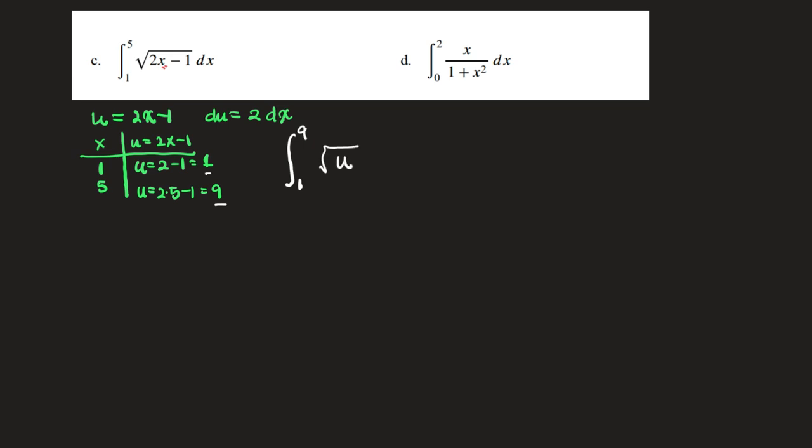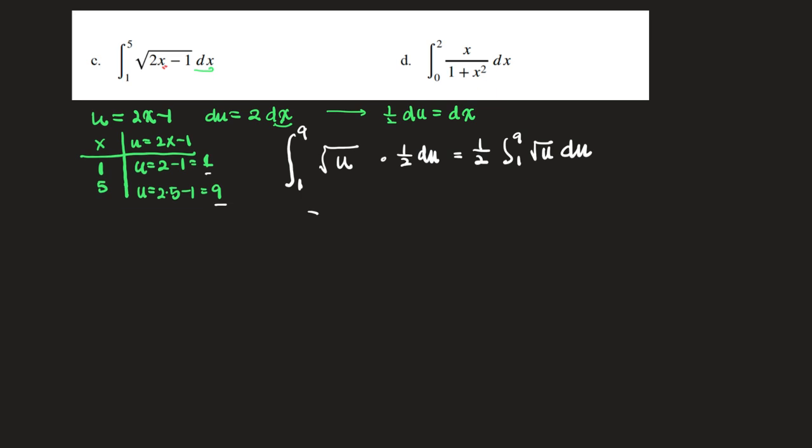Now dx: 1.5 dx is 1.5 du. That's going to be dx. So 1.5 in front, integral from 1 to 9 of square root u du.